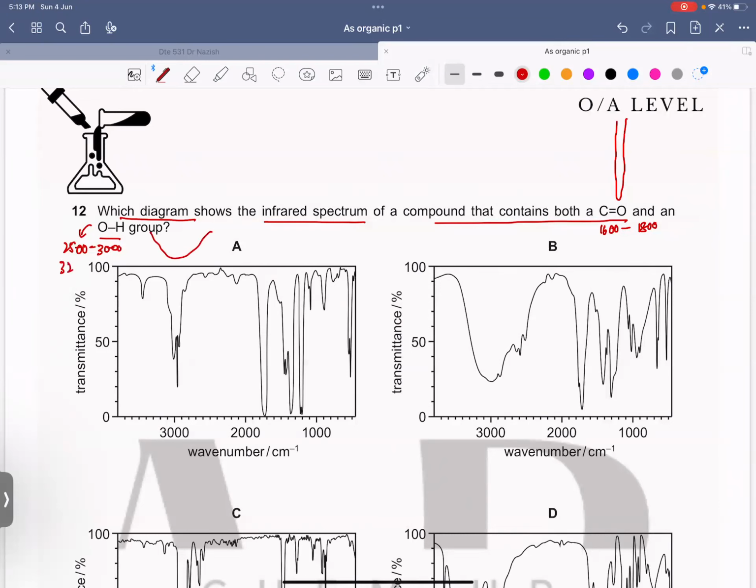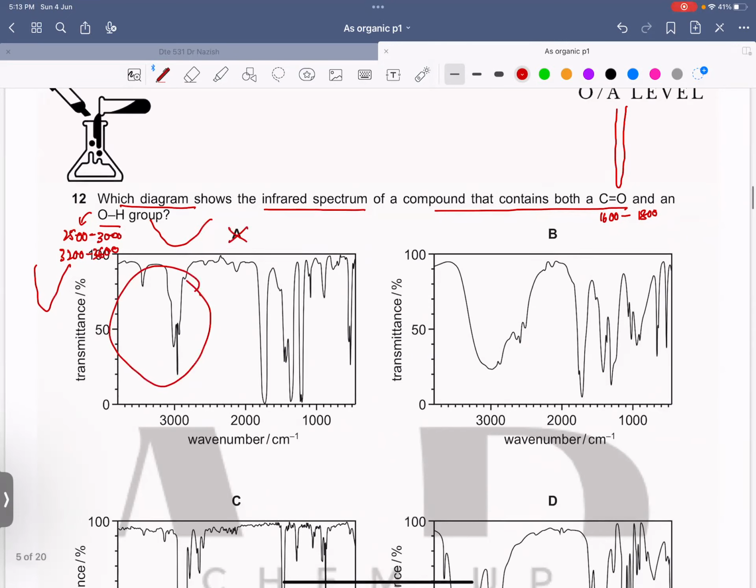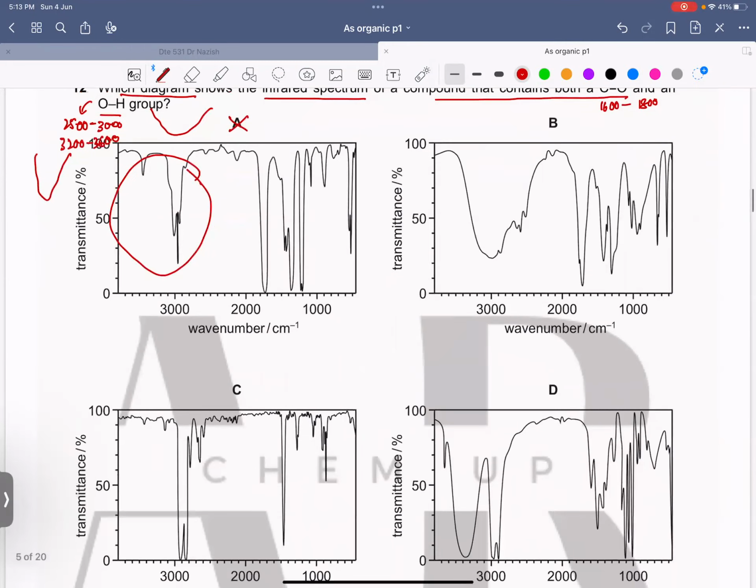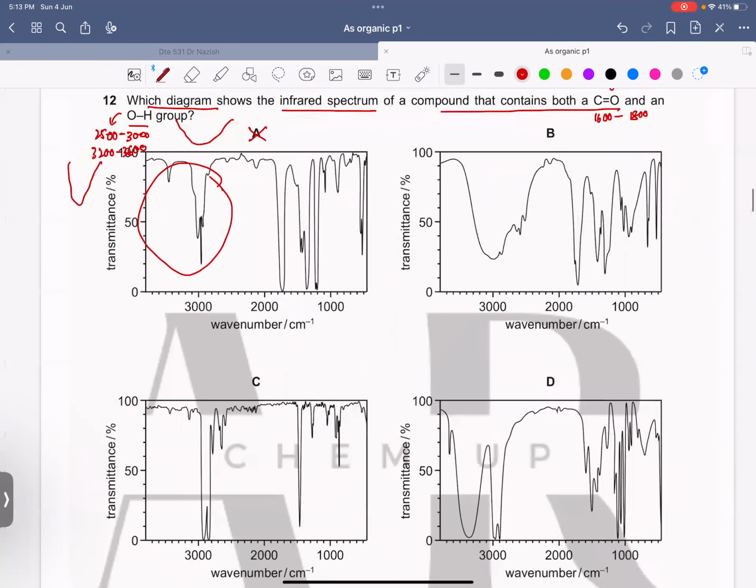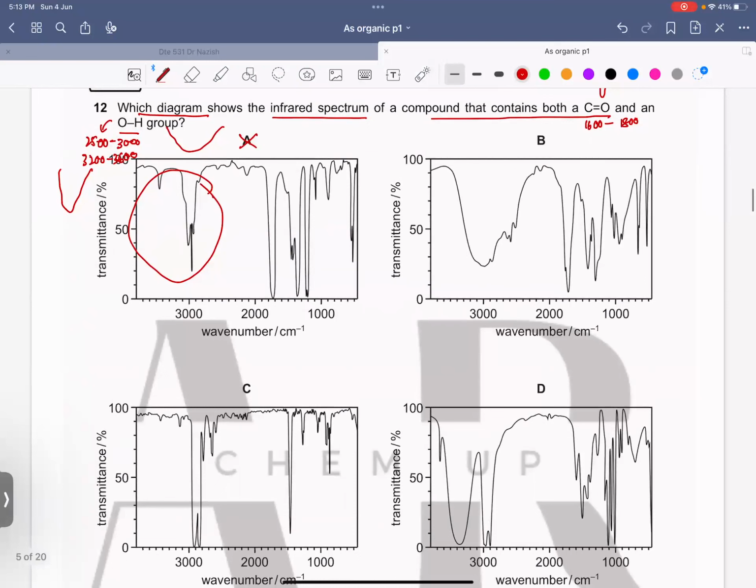And from 3200 to 3600, still a broad peak. So if you see here, this broad peak is missing. So A goes wrong. This broad peak is missing over here in C. This goes wrong. Here we are getting this broad peak, but from 1600 till 1800, there is no peak over there. So D goes wrong.